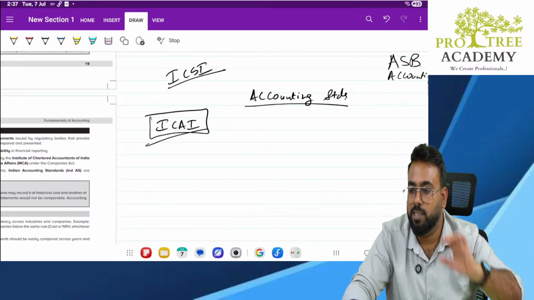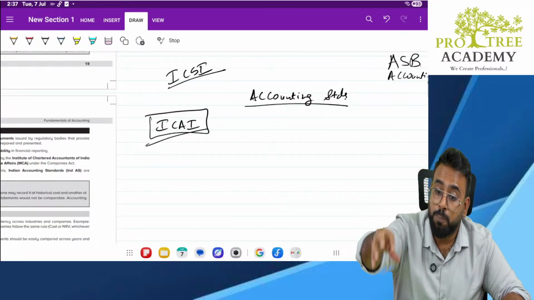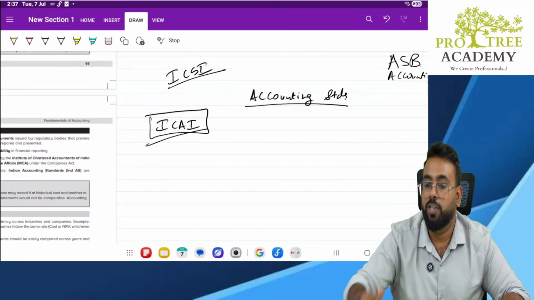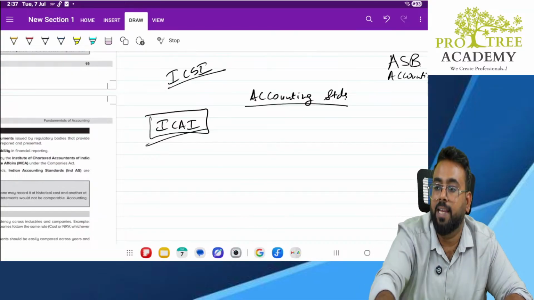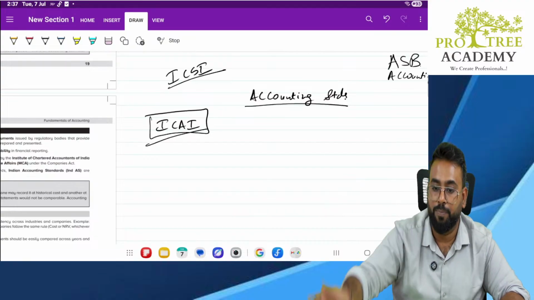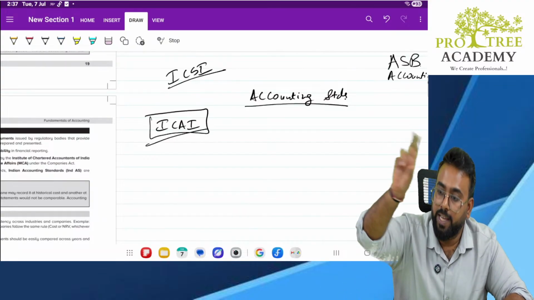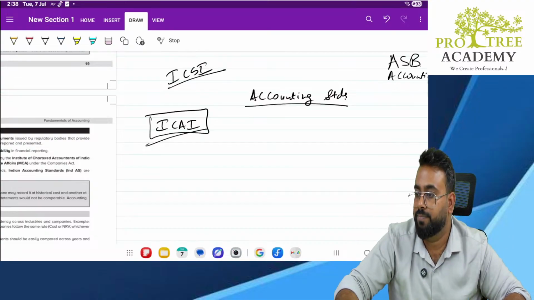Now ASB will form a study circle of experts in that field. Businessmen, chartered accountants, company secretaries, MBAs, and engineers can come. They form a group and are asked to study the topic and prepare a draft standard. Clear?